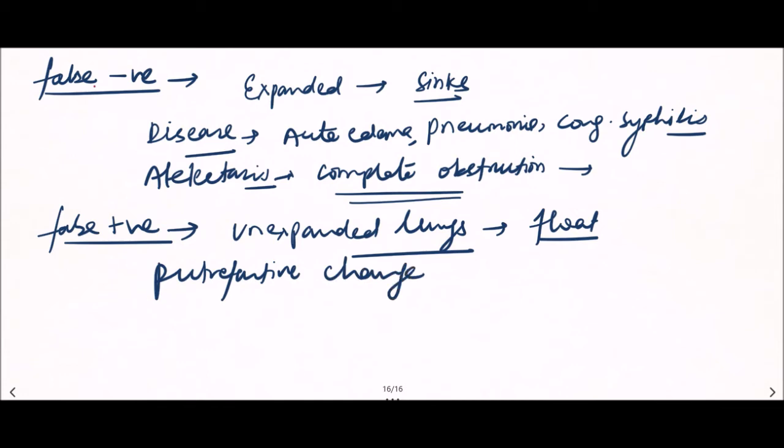So if there is putrefaction, then lungs may float due to production of gases, or in case of artificial respiration, as lungs are partially inflated and stomach contains air if artificial respiration has been given to the infant.